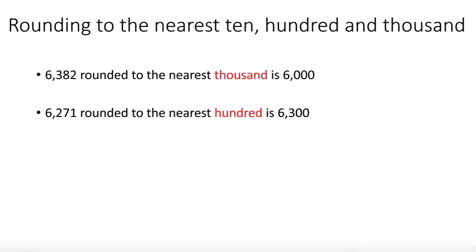Okay, and the answers are 6,382 is rounded down to 6,000 when it's rounded to the nearest 1,000. 6,271 is rounded to the nearest 100 when it's rounded to 6,300. Well done if you got those correct.